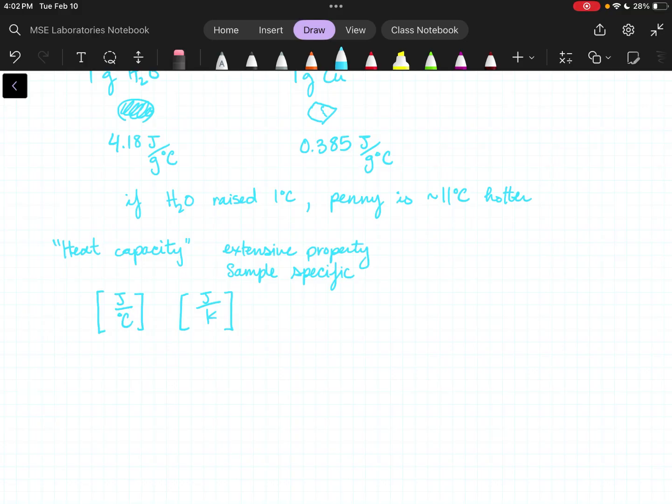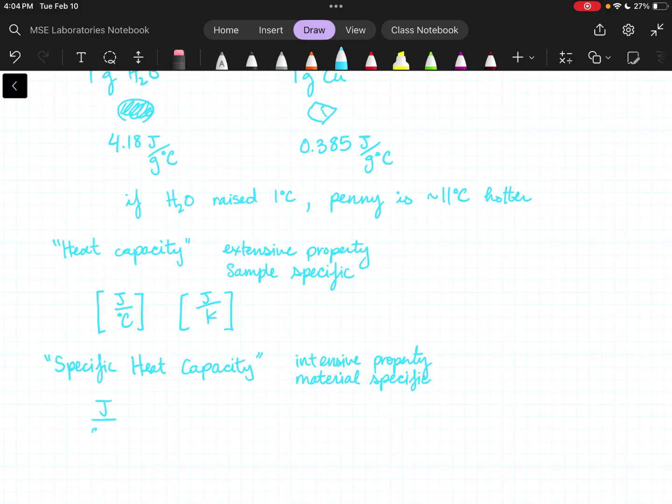So there are some uses for heat capacity, but the more useful value is actually specific heat capacity. If heat capacity is an extensive property, specific heat capacity is called an intensive property, meaning it is material specific.